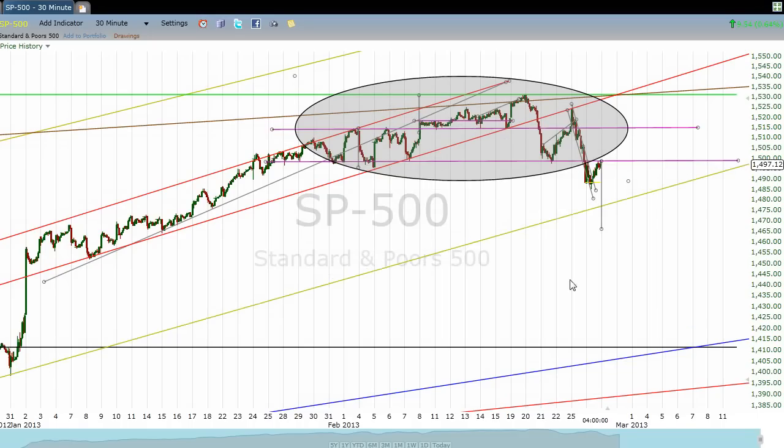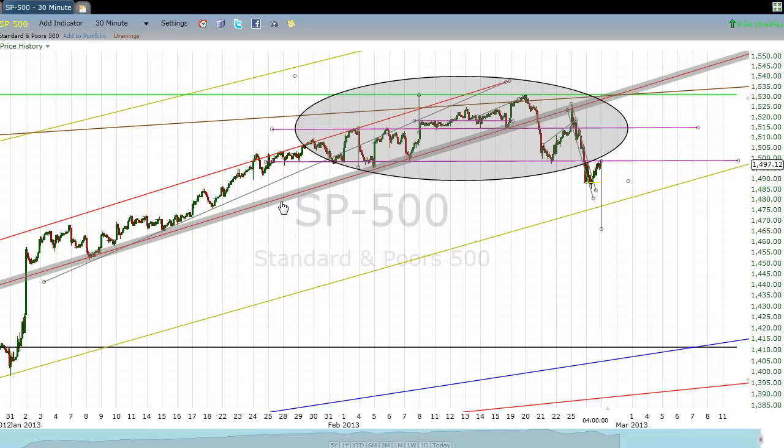Or this line wins and the pattern fails. We won't know that until we get a test of this line. But right now, for me, I would put stock in this pattern because clearly it is a break of this rising trend line.